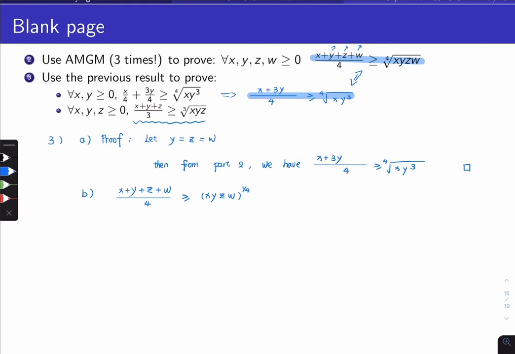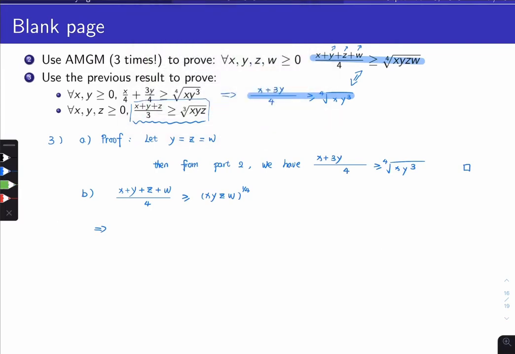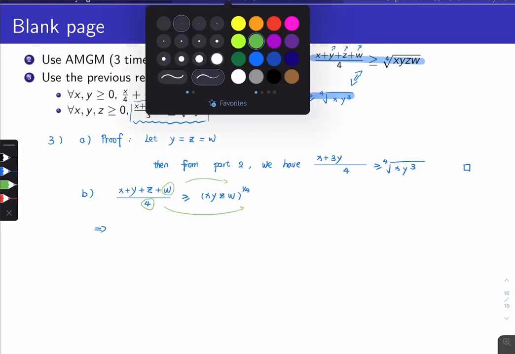Now I'm gonna simplify it a bit so that we can reach this inequality. I'm gonna move 4 to the other side, and I'm gonna move w to the other side. So it looks more like what we need to prove here, because on this side we only have x, y, and z.